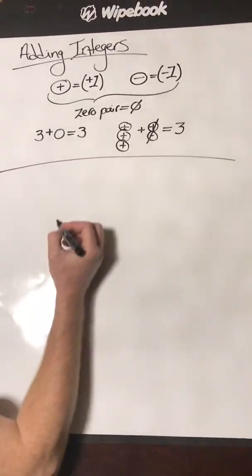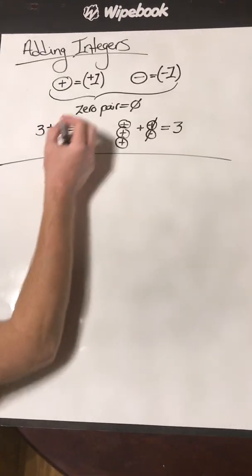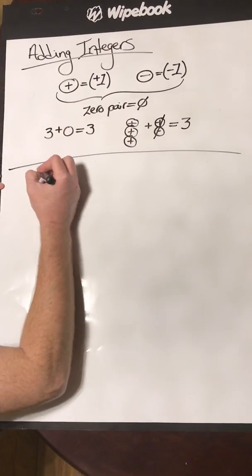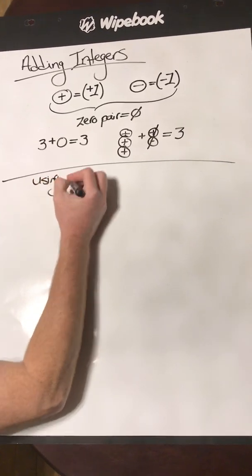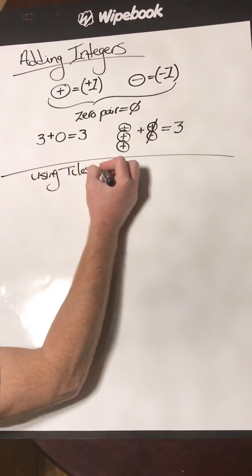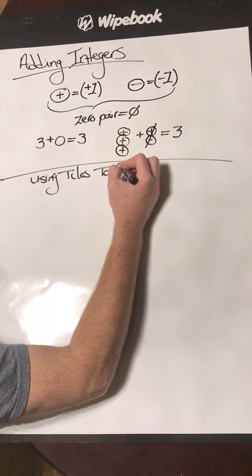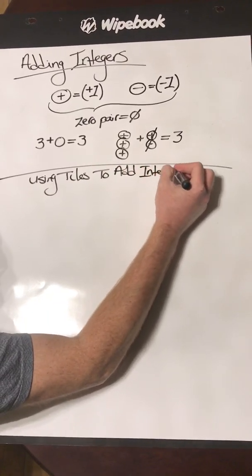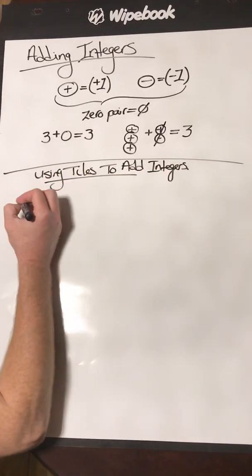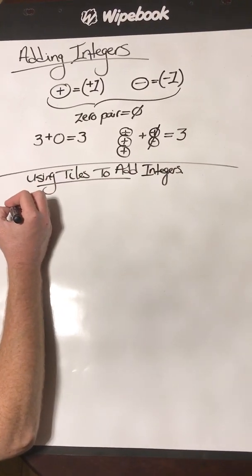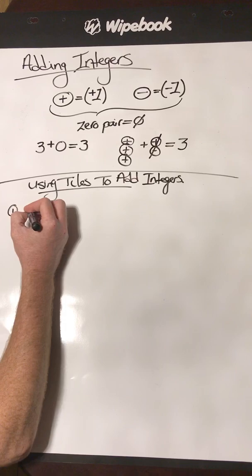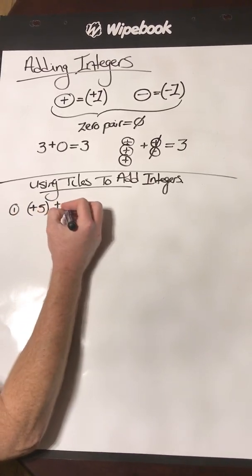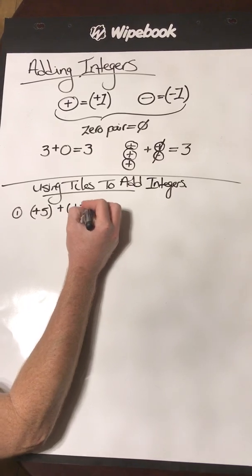We're going to do some examples using these tiles. The first example is positive 5 plus positive 3.